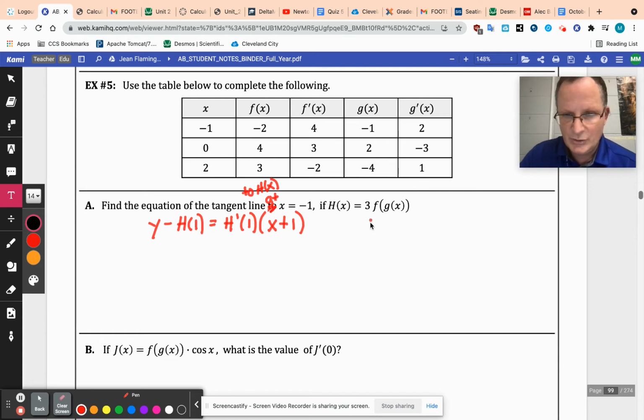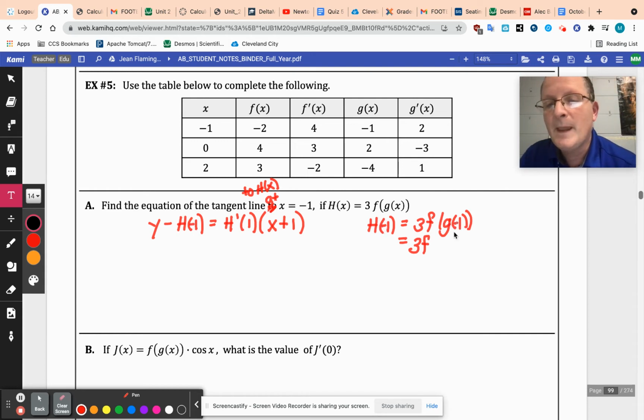So h of -1 is going to be 3 times f of g of -1. The good news is they told me what g of -1 is. Sorry, g of -1, we are told, is -1.